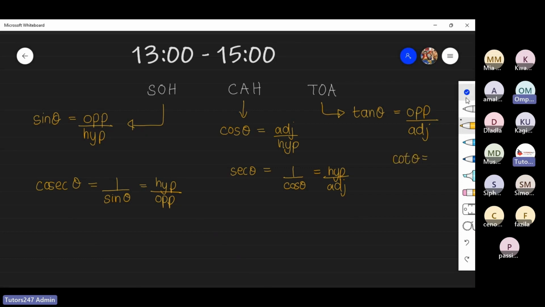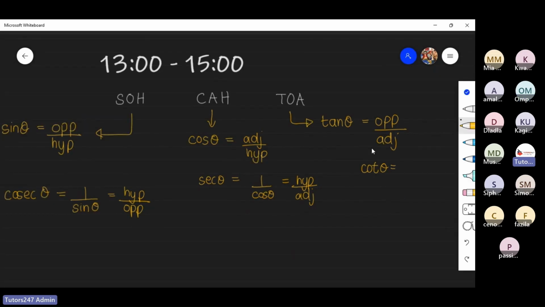Cot theta is the reciprocal of tan theta. So it's going to be 1 over tan theta, which is then equal to our adjacent over our opposite, okay?